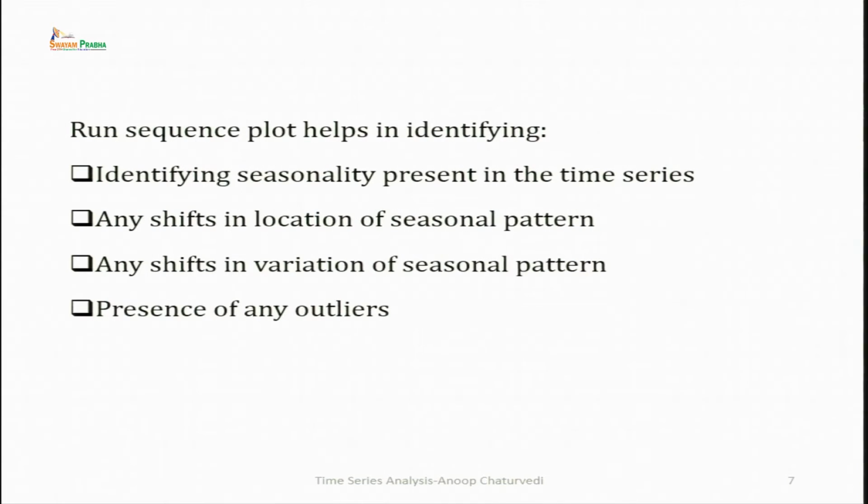It also helps you identify any shifts in the location of the seasonal pattern. Sometimes it may happen that there is a shift in the seasonal pattern. It may be shifting from June to July. So, you can identify such shifts using the run sequence plot.